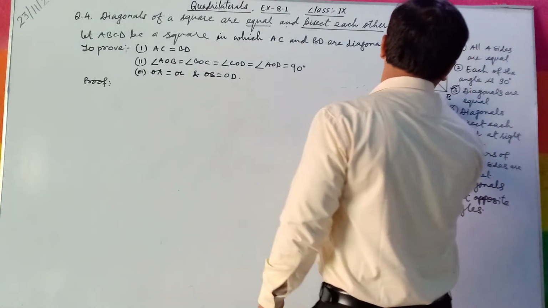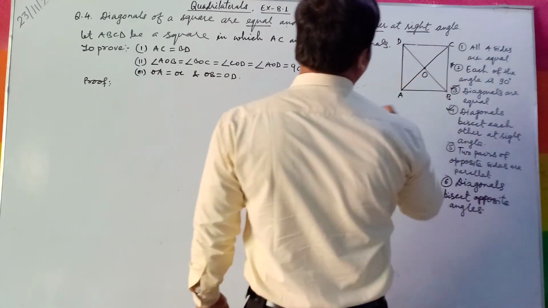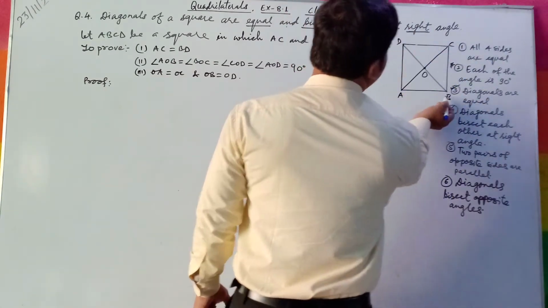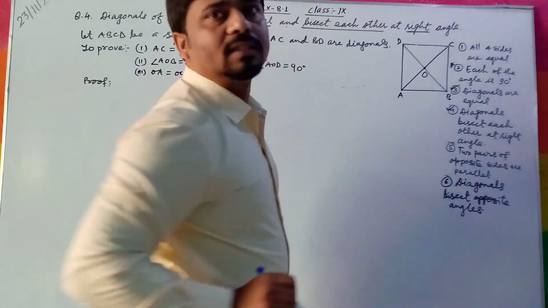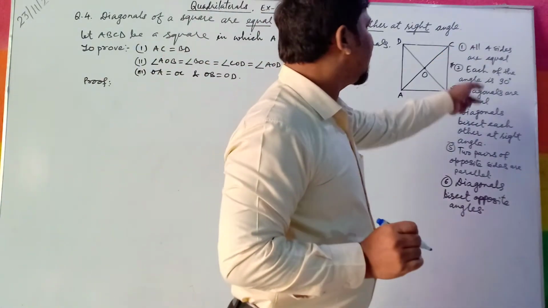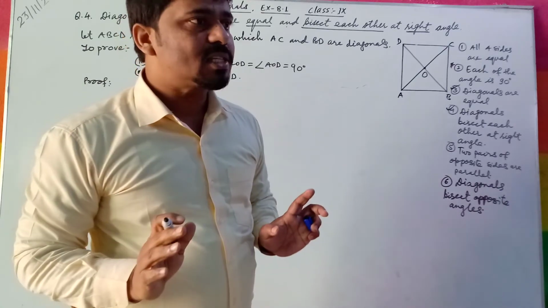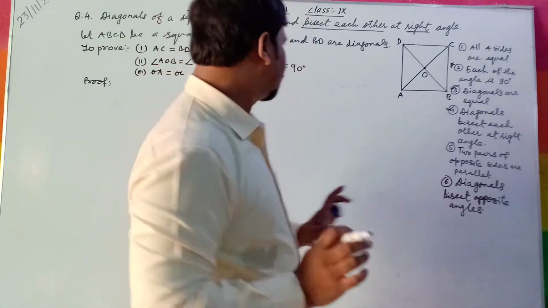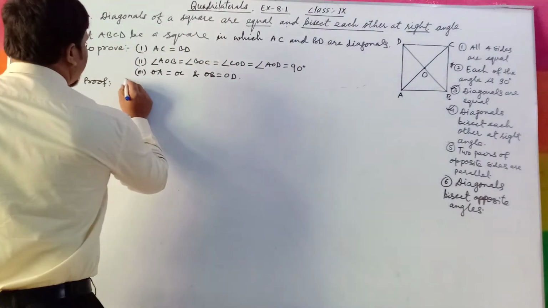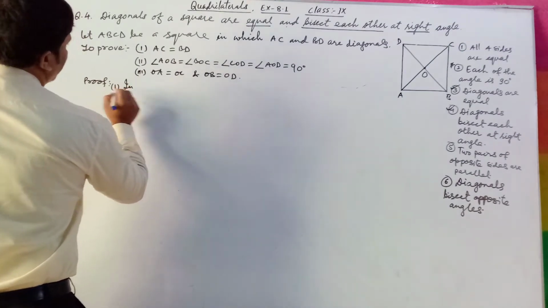For diagonal AC we can name ABC, and for diagonal BD we can name BAD. Then the whole line segments AC and BD are coming. So I am going to prove the first one.